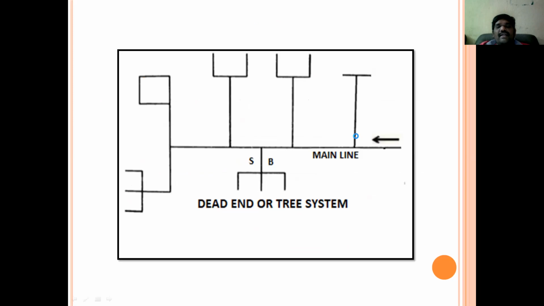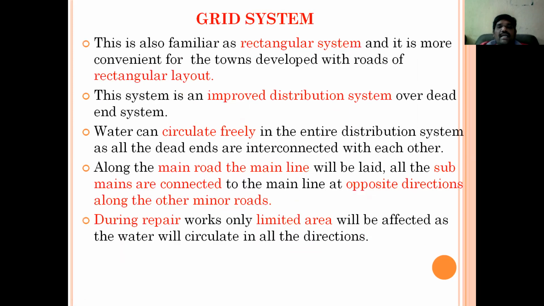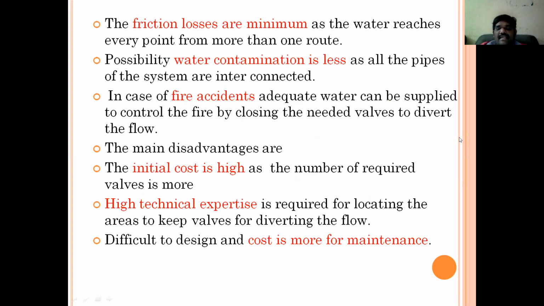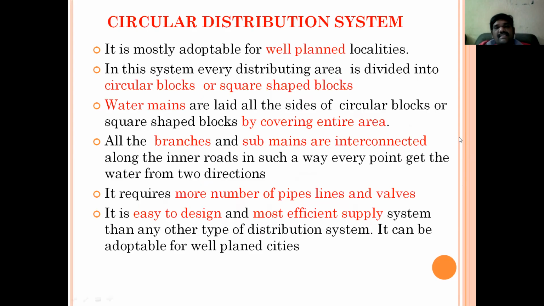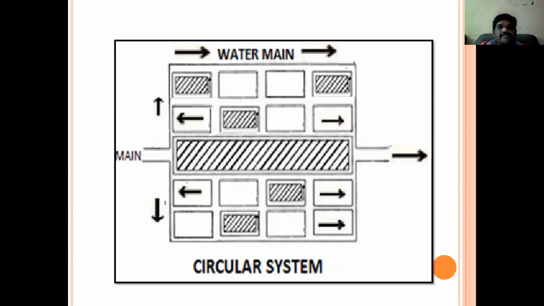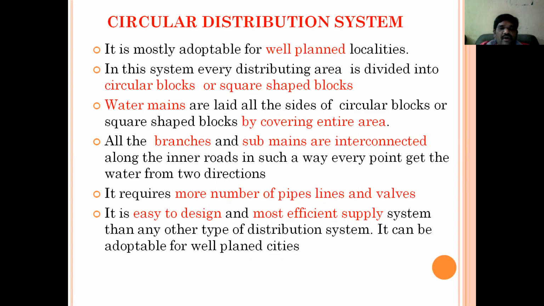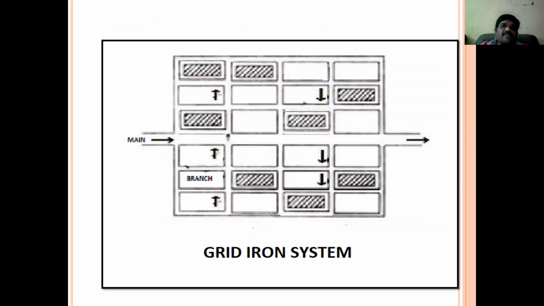Everywhere we get one word, that is valve. Valves are needed in the grid system, whereas in the circular system also, a number of valves. It requires more pipelines and valves. That means with the help of these valves, we can regulate or control the water flow in the water supply system.